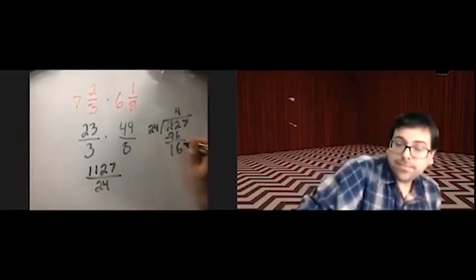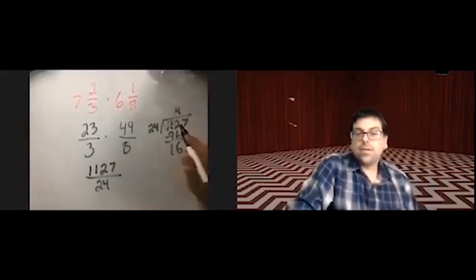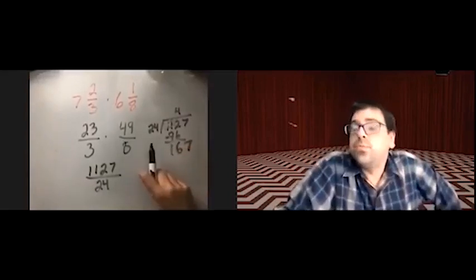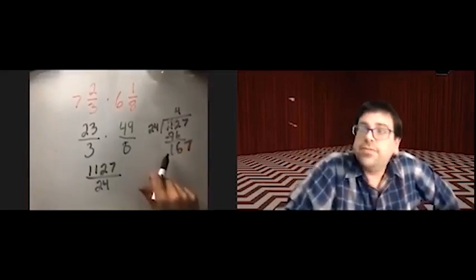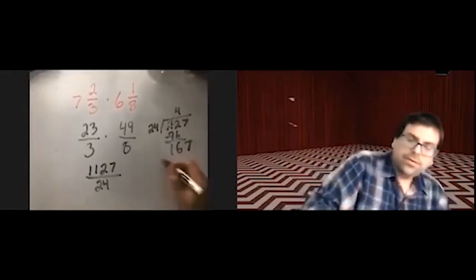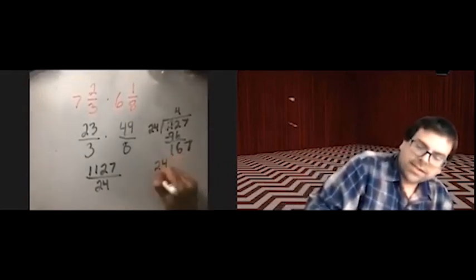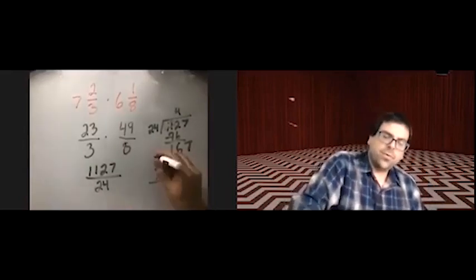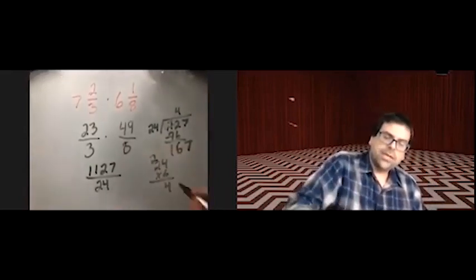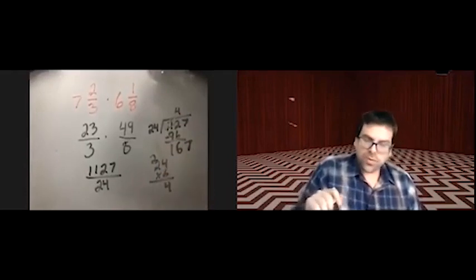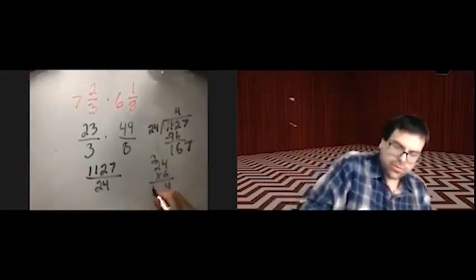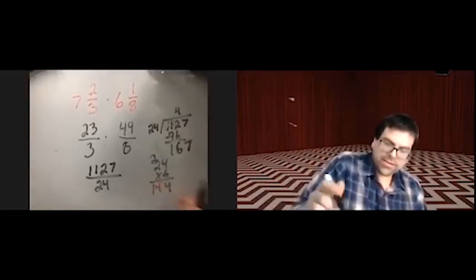Bring down the 7. 24 times 5 was 120. That'll definitely fit in. What about 24 times 6? Will that fit in? 6 times 4 is 24. Carry the 2. 6 times 2 is 12. Plus 2, 144. That fits.